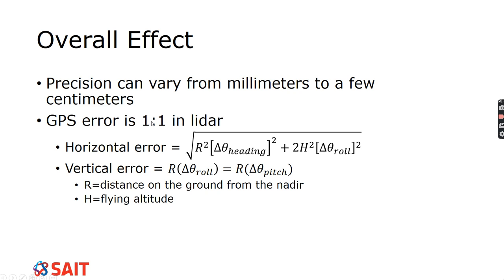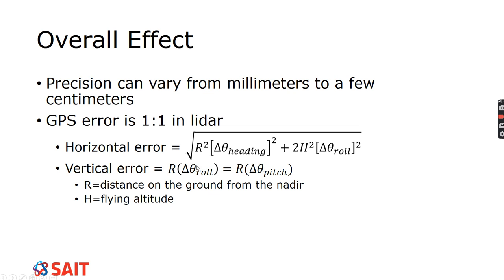So GPS is 1-to-1 throughout Lidar. Then we have direct relationships with the distance on the ground from the nadir. So how far away from the center, the yaw angle, the flying height, the roll angle, those go into the horizontal error. They feed into that.